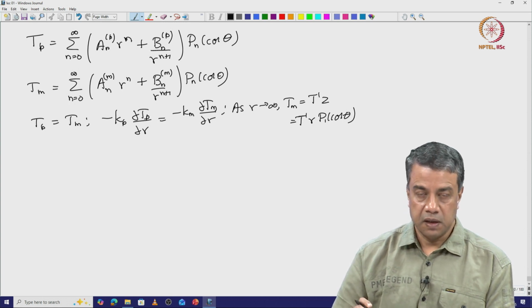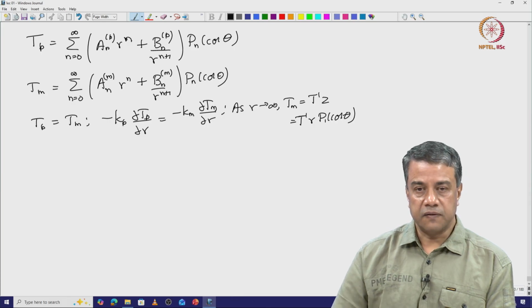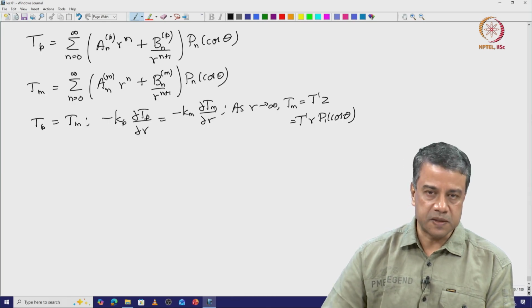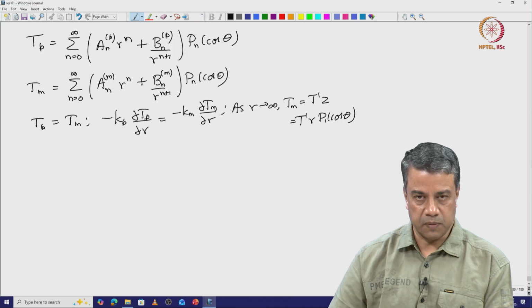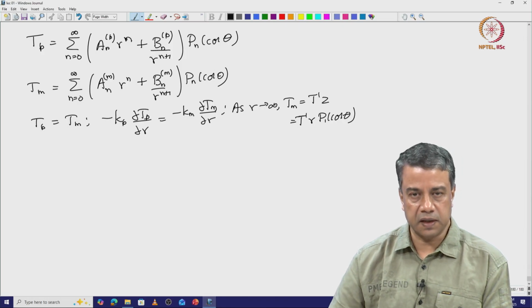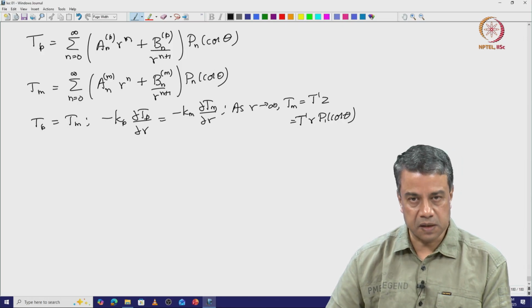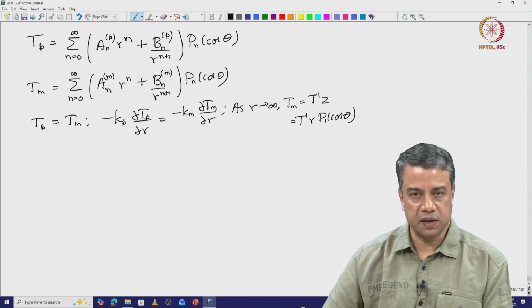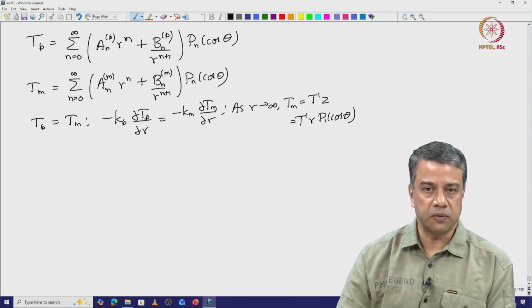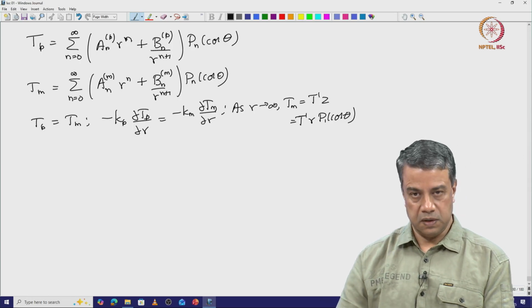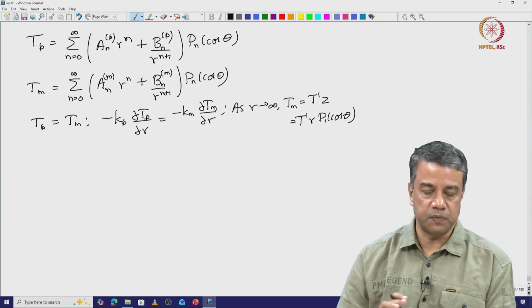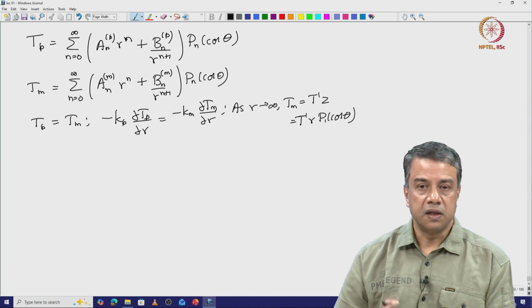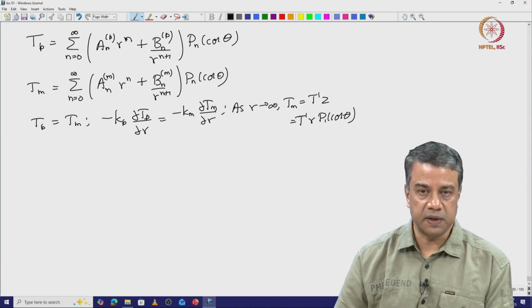Okay. If I expand out the boundary condition at r going to infinity in a series in the Legendre polynomials, the terms proportional to P0, P2, P3, etc. are all 0. And because the boundary conditions are equality of temperature and flux, you will find that all the coefficients are 0 for the terms proportional to P0, P2, P3, etc. The only non-zero term is due to P1.